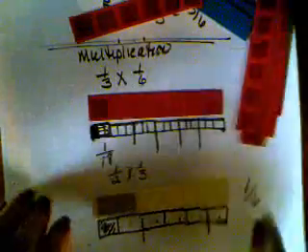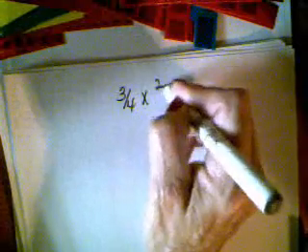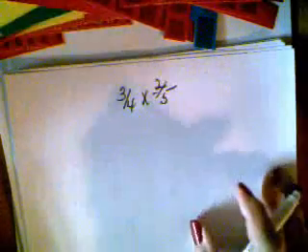So let's say that we want to multiply 3/4 times 2/5.